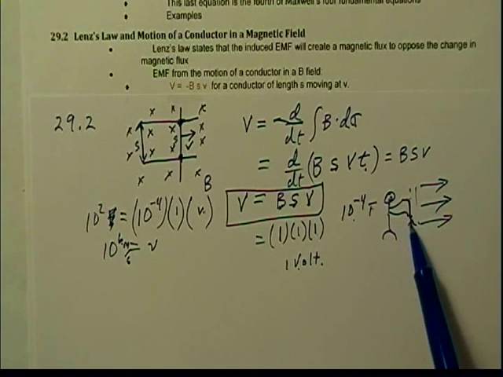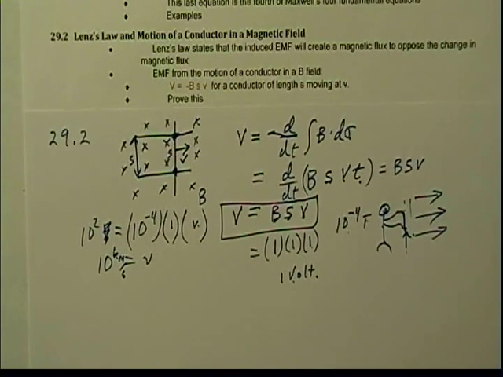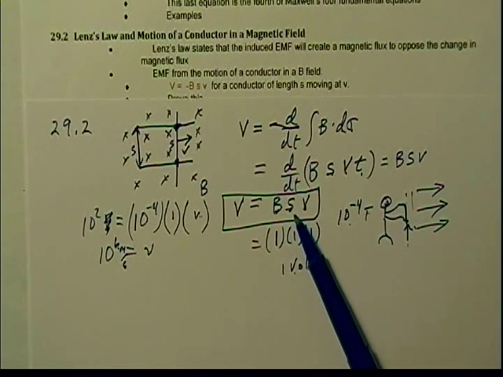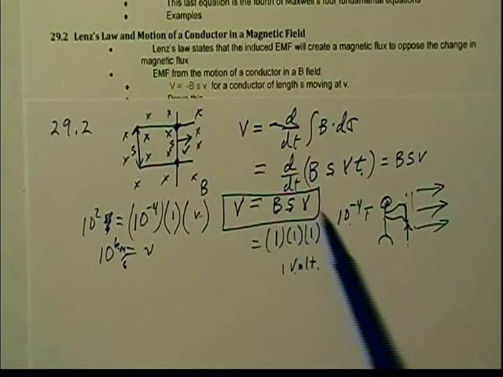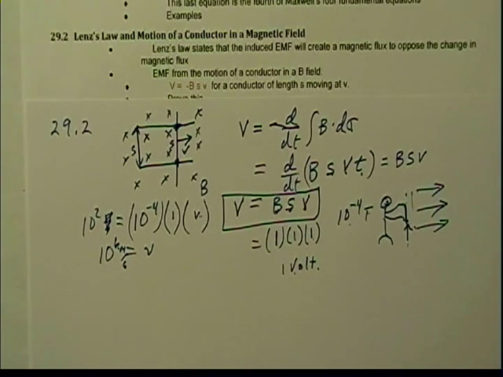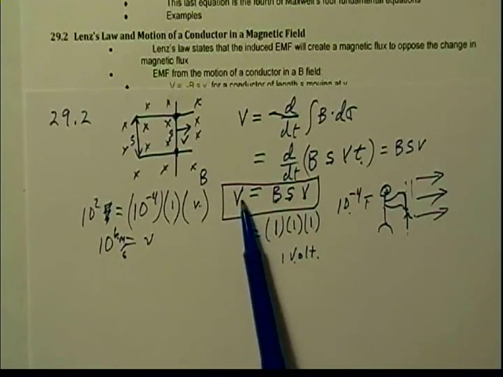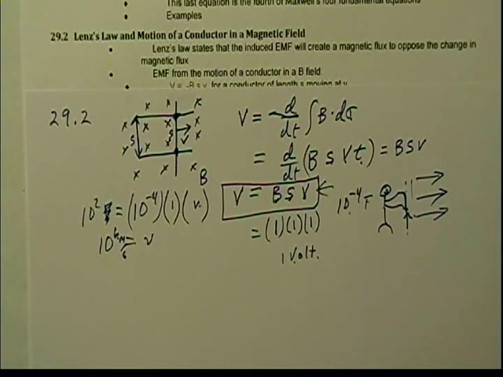So we don't have to worry about walking around and picking up pieces of metal or pipe that we're going to electrocute ourselves, because we're never going to be able to pick them up that fast. But if the Earth had an intense magnetic field of something like 100 or 1,000 Teslas, this could be very dangerous. We wouldn't be able to pick up pieces of metal without electrocution. It's just kind of an interesting problem. And of course, this can be given as an equation on a test, and it's appropriate to do that.